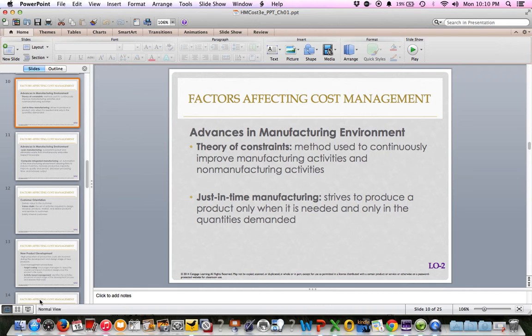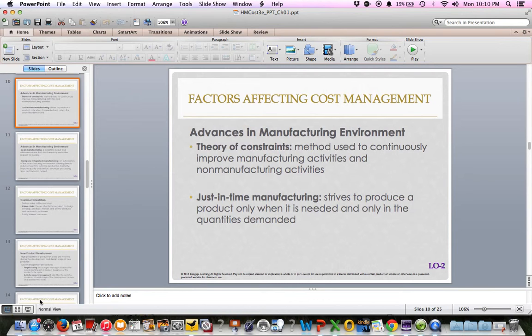Whatever the manufacturing company is, there's going to be a constraint. And so it says basically that theory of constraints is continuously trying to improve our activities, even in manufacturing, non-manufacturing, to try to ease those constraints and work around them or become more efficient in how we work through constraints that we have.